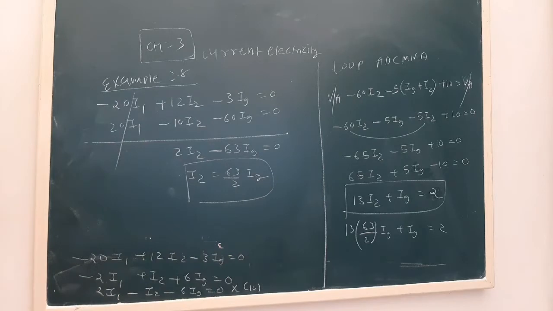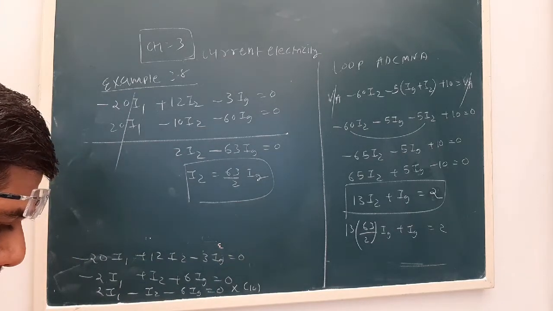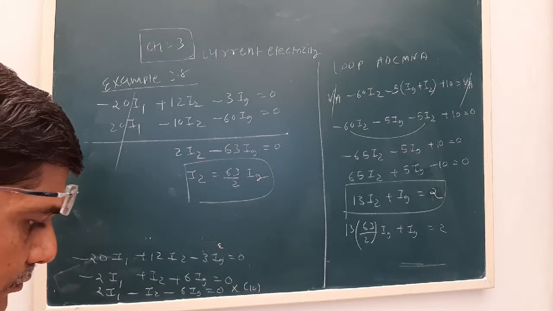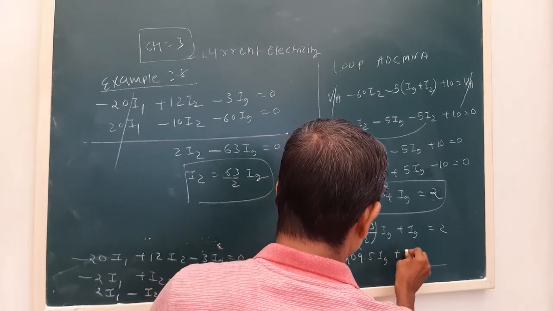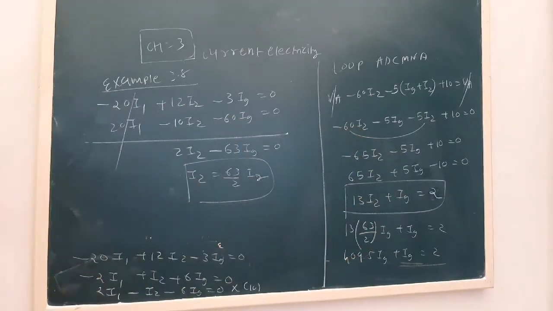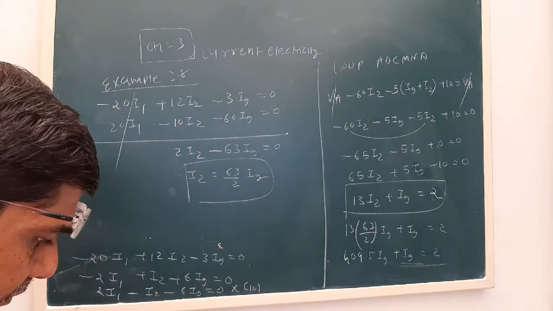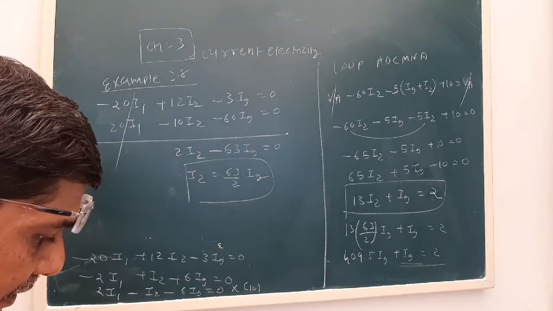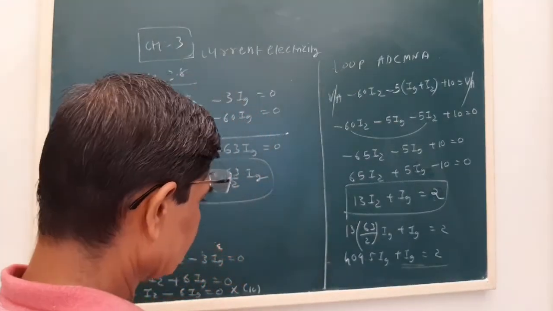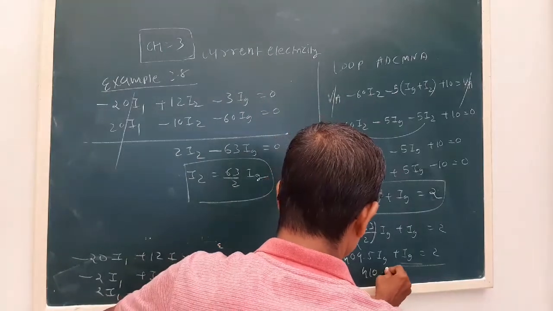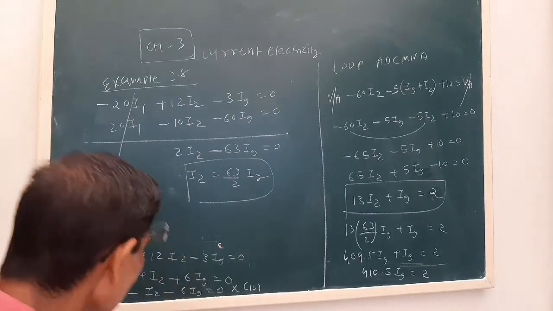Okay, now we can solve. 13 into 63 divided by 2, plus 1. Okay, so I2 we can obtain.